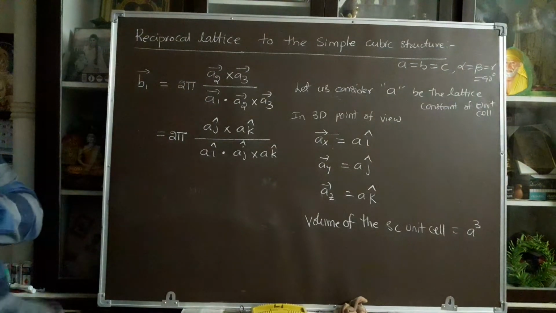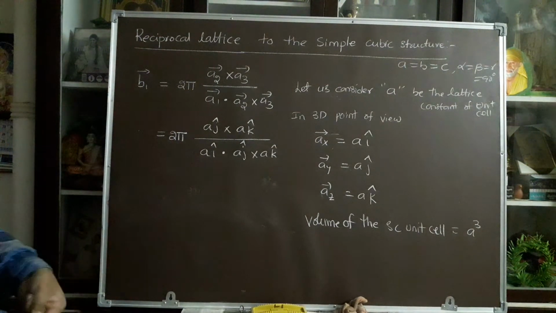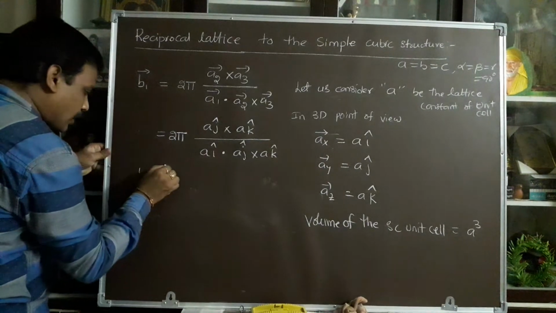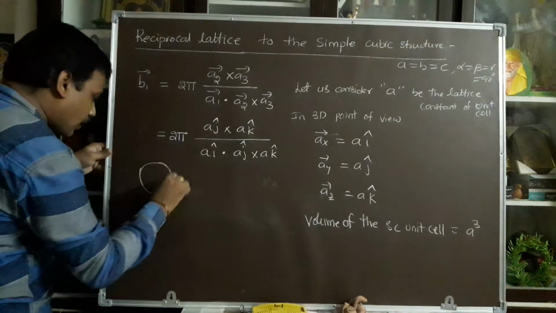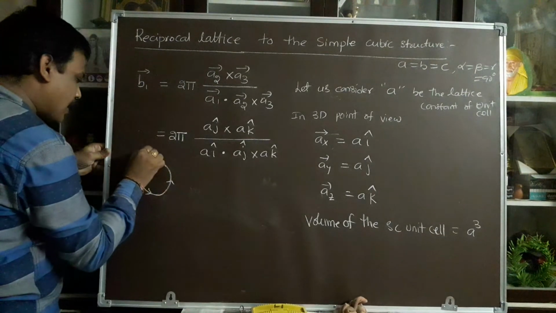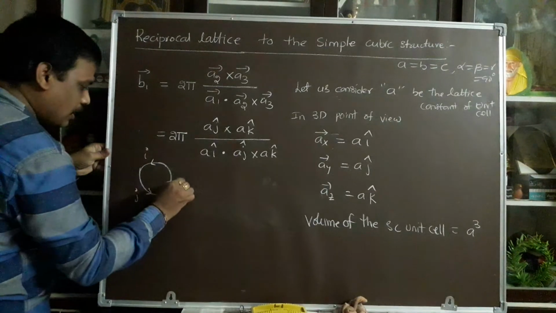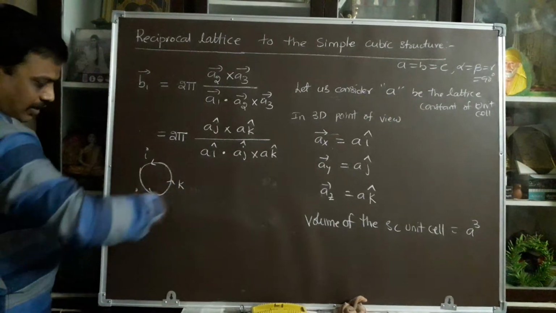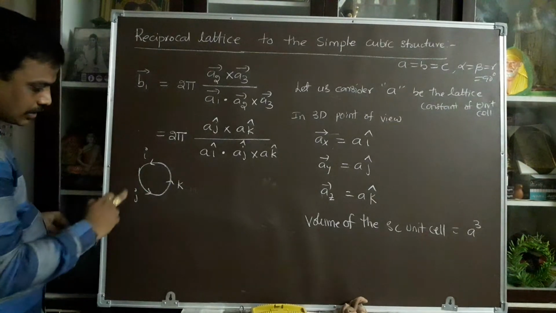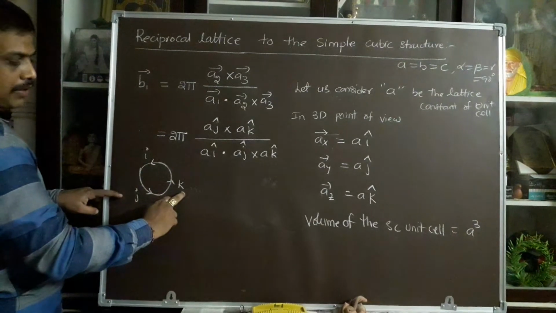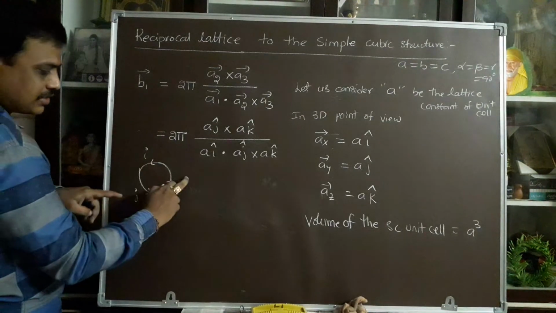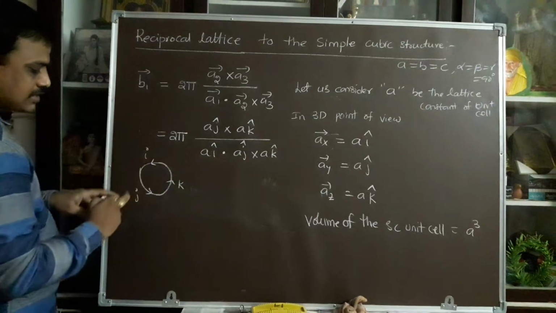According to vector notation, everyone knows the cross product. We take the three directions i, j, k in the anti-clockwise direction, in cyclic order. i bar cross j bar is k bar, j bar cross k bar is i bar, k bar cross i bar is j bar.